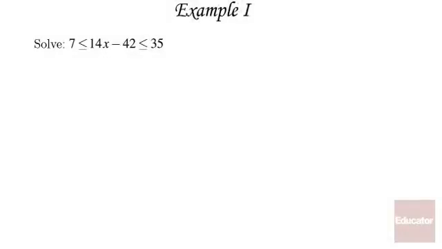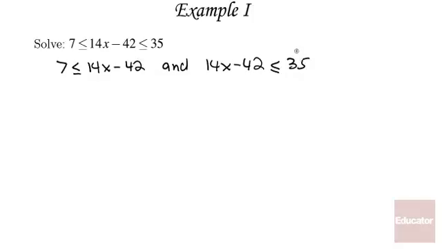Okay, starting with example 1. This is a shorthand way of writing a compound inequality that is joined by the word and. So instead of writing out 7 is less than 14x minus 42 and 14x minus 42 is less than or equal to 35, they just combined the same term, put it in the middle, and left these on the outside.